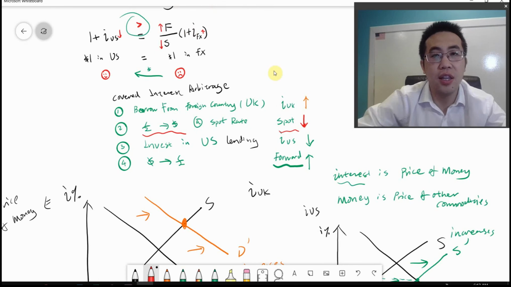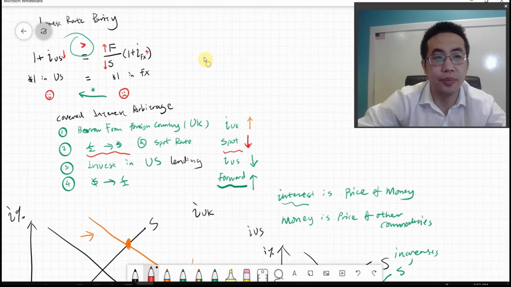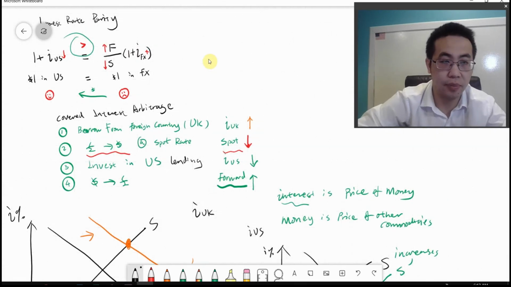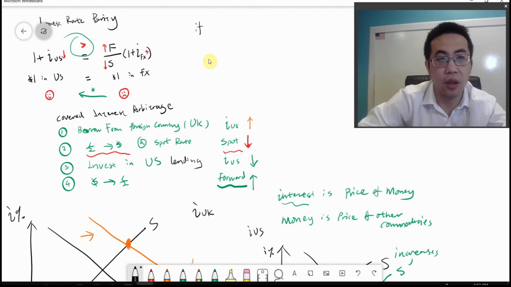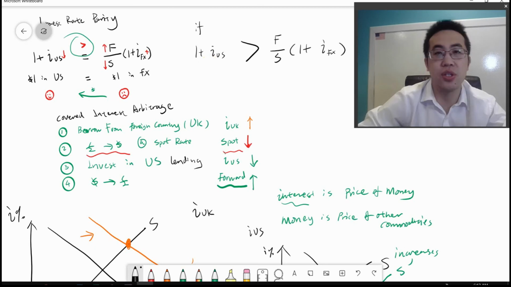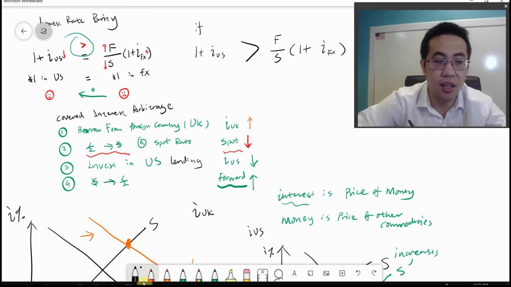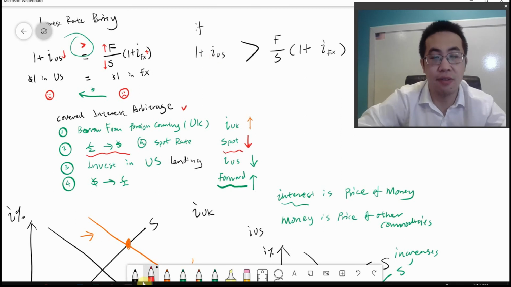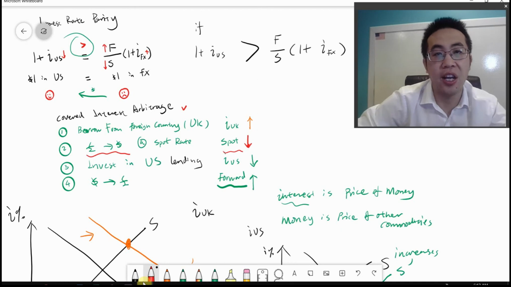So you will see in this disequilibrium, let me just rewrite it right here. If 1 plus US interest is greater than forward over spot times 1 plus the foreign exchange interest. If this is the case, then the people would conduct interest arbitrage, covered interest arbitrage, and would affect the rate in the forward markets.